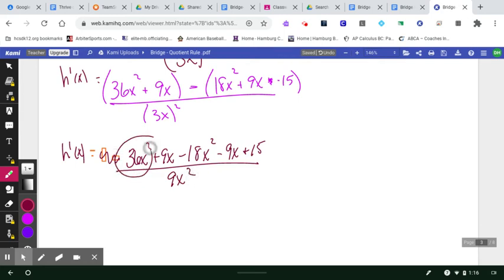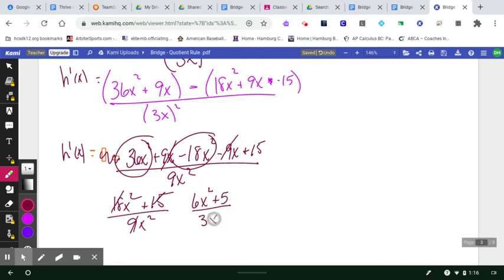So like terms, I have 36x squared minus 18x squared is 18x squared. The 9x's cancel, plus 15 all over 9x squared. And it looks like I can divide each of these terms by a 3. So I've got 6x squared plus 5 all over 3x squared. So that is one solution.